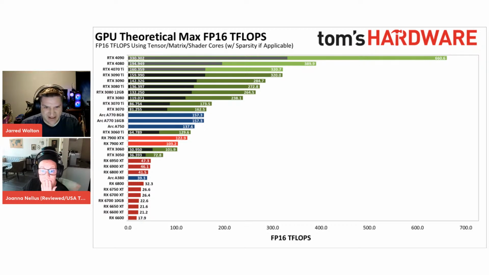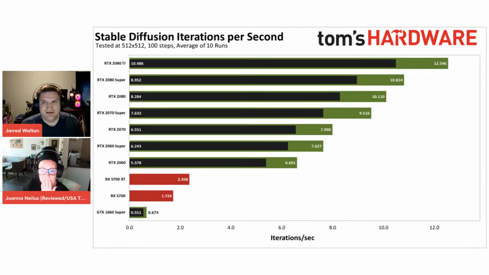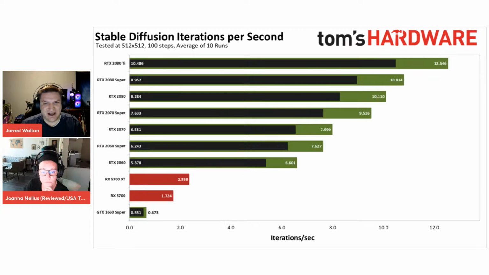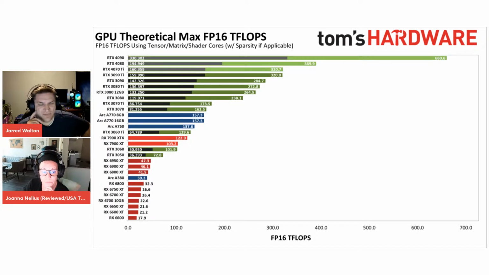Look back at this slide now. So 12.5 on the 2080 Ti, which does not support sparsity, and its teraflops is like 120 compared to the 3070 Ti. And I talked to one developer, and he's like, yeah, I don't think sparsity is actually helping in these projects. So that was interesting.